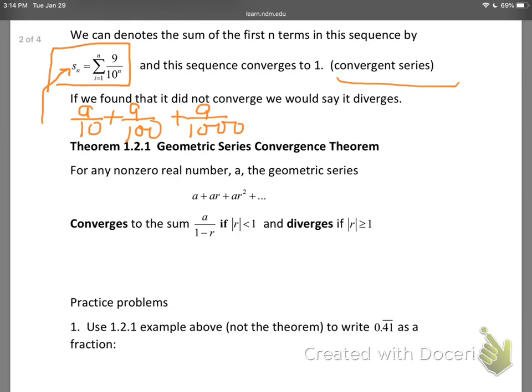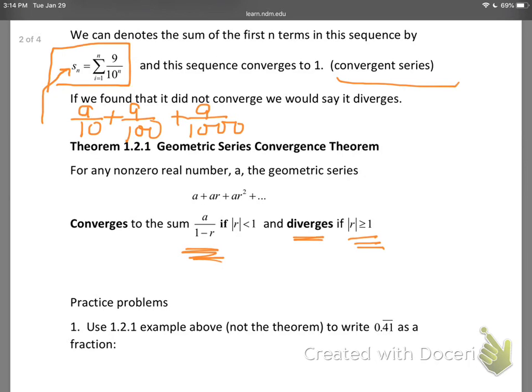All right, here's our theorem now. The theorem for 1.2.1 is the Geometric Series Convergence Theorem. For any non-zero real number a, where a is the first term in the series, the geometric series converges to the sum a over 1 minus r, where r is the ratio, if the absolute value of r is less than 1, and it diverges if the absolute value of r is greater than or equal to 1.